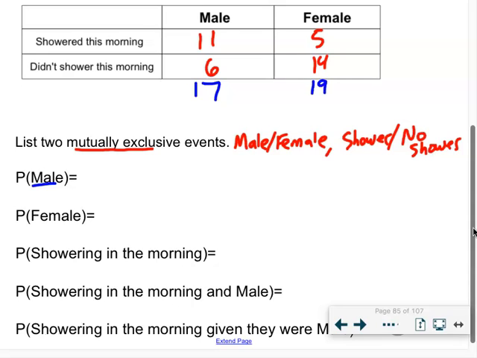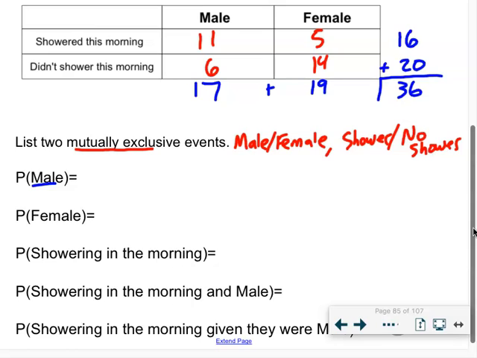So I know in this class there were 17 males and 19 females. If I want to get the total number of people that showered, for example, it would be 11 plus 5, which is 16, 6 plus 14, which is 20. What you should notice is if you total up 16 plus 20, you get 36. If you add up 17 plus 19, you also get 36.